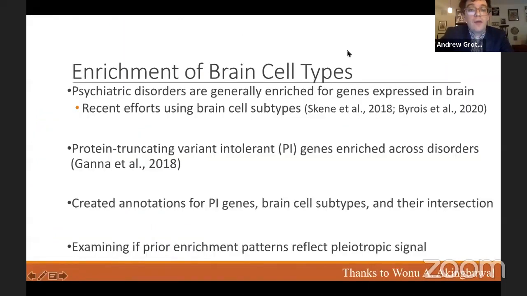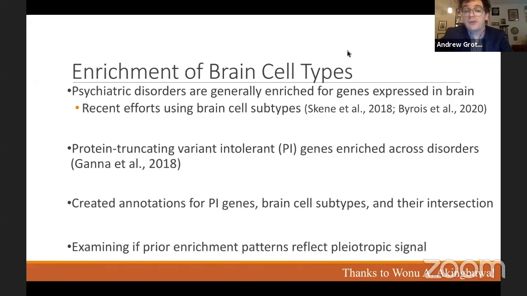For different brain cell subtypes, which are going to be the functional annotations I focus on, we see that in general, like you'd expect, psychiatric disorders are expressed in the brain. But with some more recent efforts, including some talks that we've heard in this conference, we're able to look at enrichment of very specific brain cell subtypes.